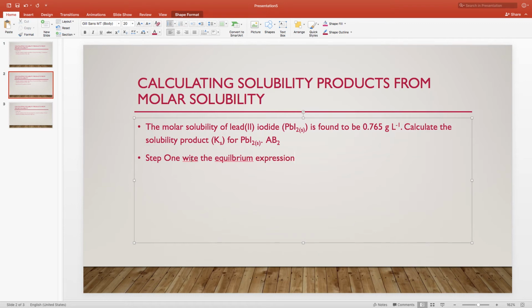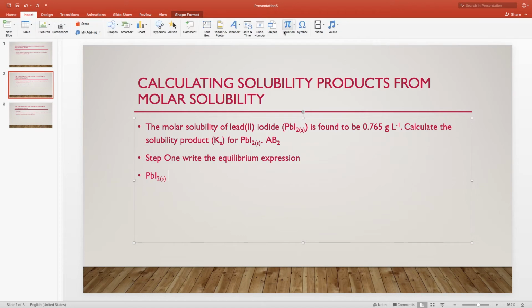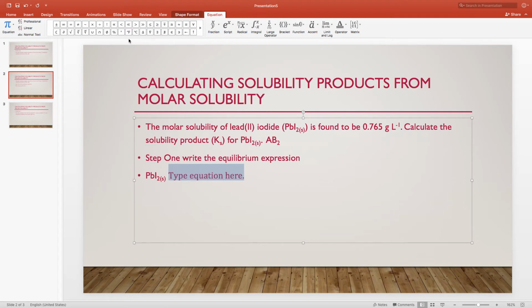So in this case it's going to be the dissolving of lead iodide, so PbI2 in the solid form is going to dissolve to form lead and iodide ions, but there's going to be a 2-to-1 relationship.